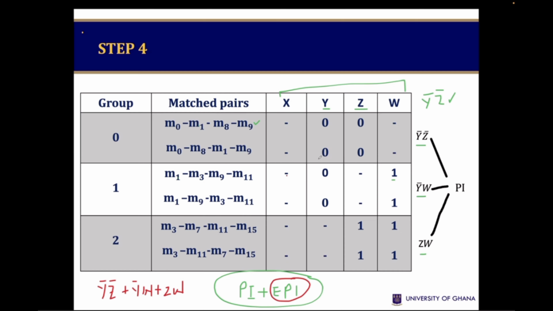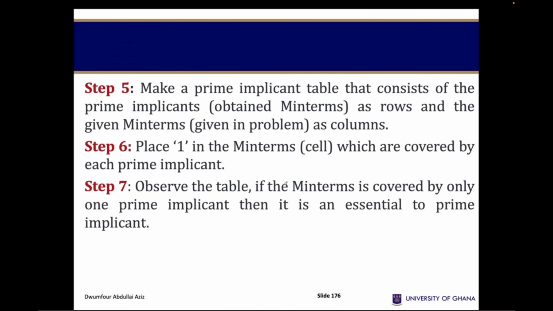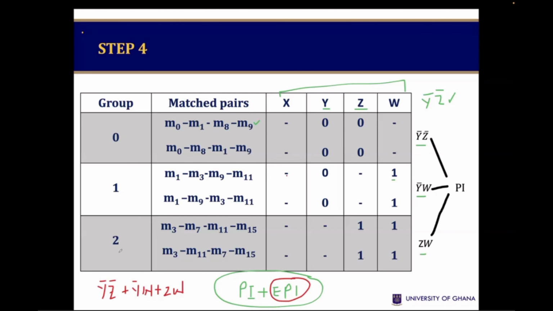Now, if this is our final table, and I've already explained that we need to form the prime implicant table, which consists of the obtained min terms as rows and the given min terms as columns. So we have 3 groups now.